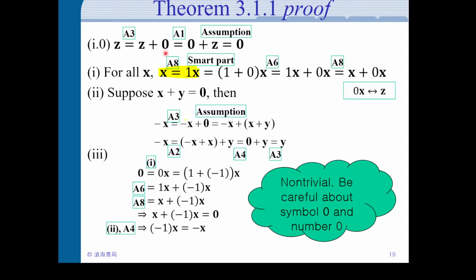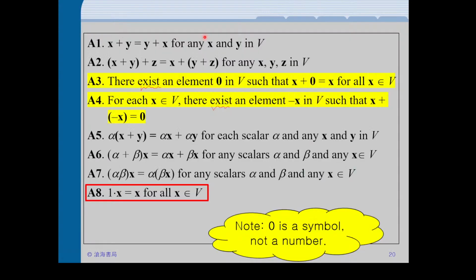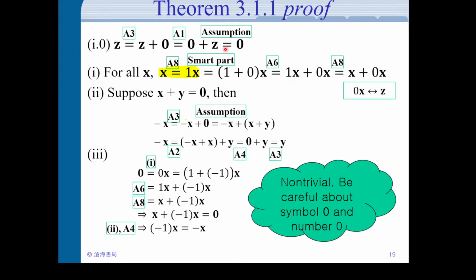I guess you can show that if you don't have A1, then 0 is actually not unique. You can construct something that's almost a linear vector space, but doesn't have A1 and doesn't have a unique 0. Any questions so far?